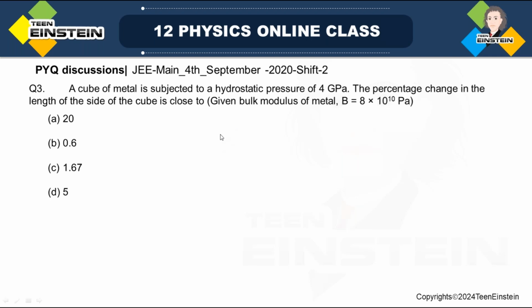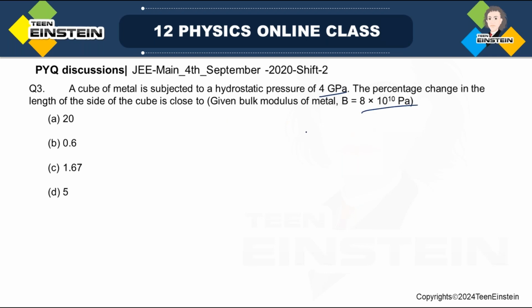A cube metal is subjected to a hydrostatic pressure of 4 gigapascal. The percentage change in the length of the side of the cube is close to how much?